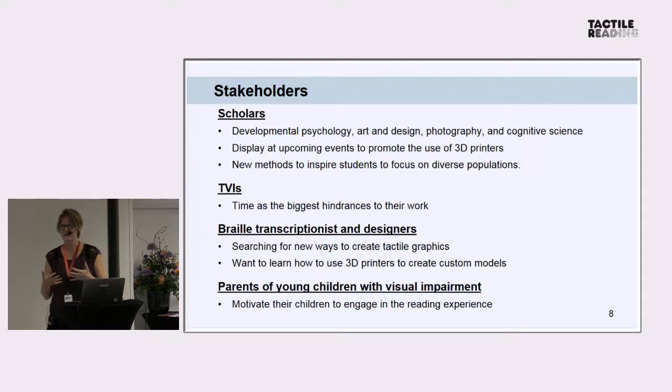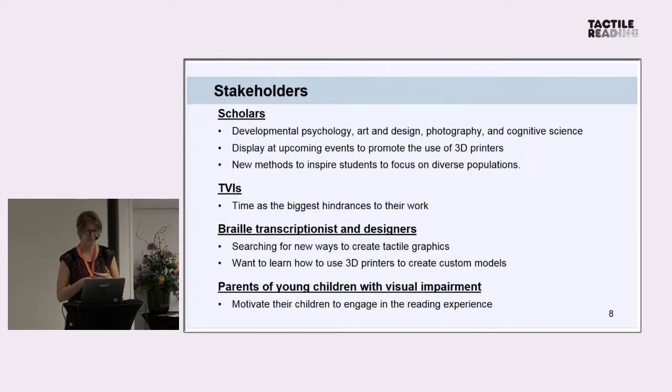As we were sending these out, we got requests from different stakeholders, including different scholars, teachers of the visually impaired, Braille transcriptionists and designers, and then parents. And so we started to get some feedback and understand how the community was interested in using these materials.